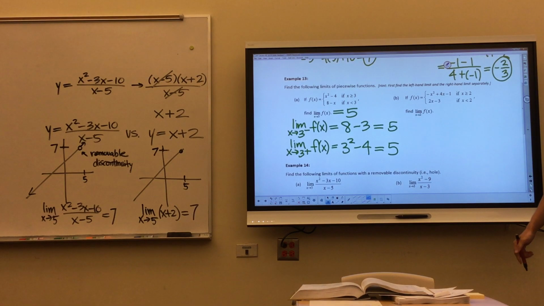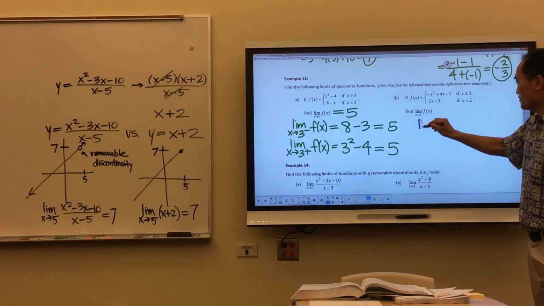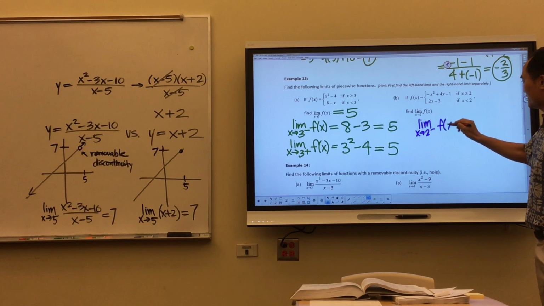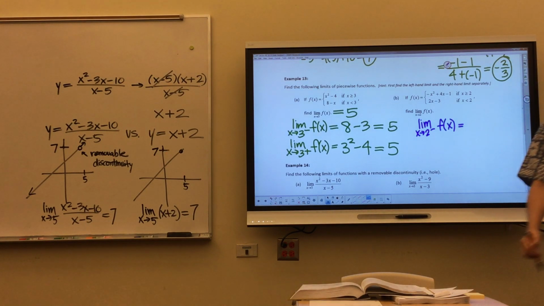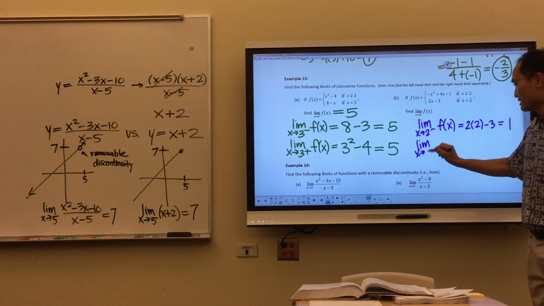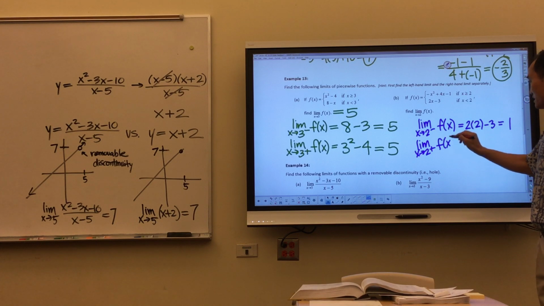Is the answer. Okay, part B. Same thing. We're going to move this along a little more quickly. What piece? 2x minus 3. So plug in 2 into 2x minus 3 and you get 1. Now we need to approach it from the right. What piece are we on?